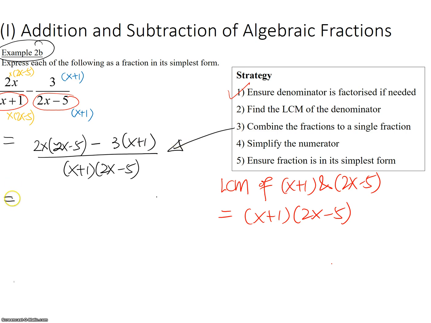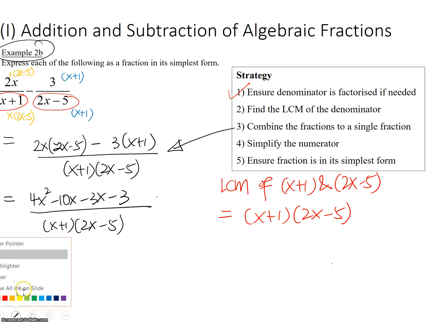Now step number 4 is to simplify the numerator. I will leave my denominator factorized. So my numerator will be 4x squared minus 10x minus 3x minus 3. Again, take note when you expand and simplify, make sure you get your expansion correct, because negative 3 times 1 is negative 3. Once I get here, I look at my numerator.